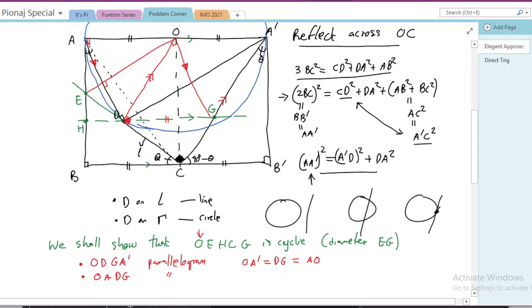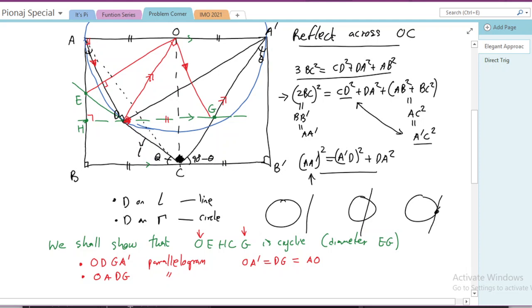Okay, and then clearly there is a right angle at C. So look at ECG, that is clearly a right angle. Alright, so we get this, and finally EHG is also right angled, because we have HG parallel with BC, and they are both perpendicular to BH or BA.